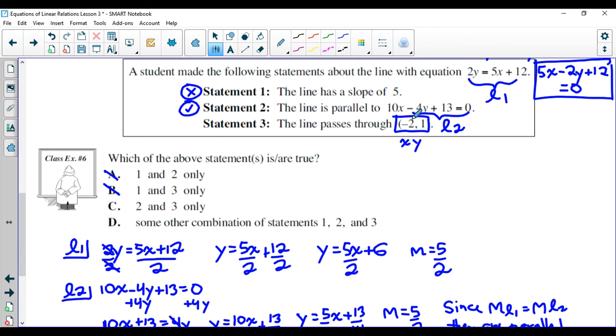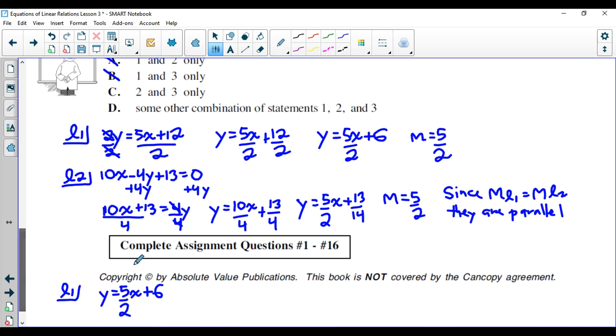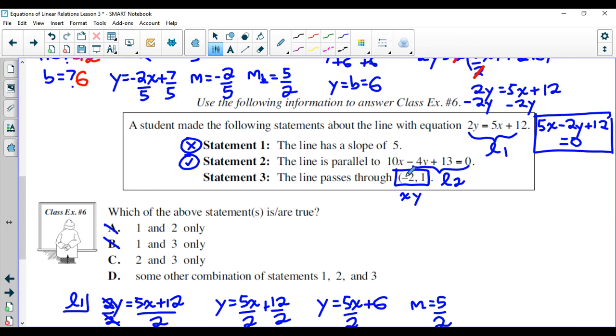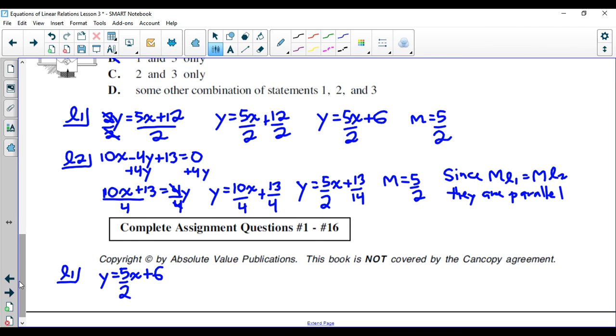plus 6. Now, what I'm going to do is take the value of x, plug it into the equation, and then see if I can get the value of y, which would be 1. Okay, so I'll write it out.